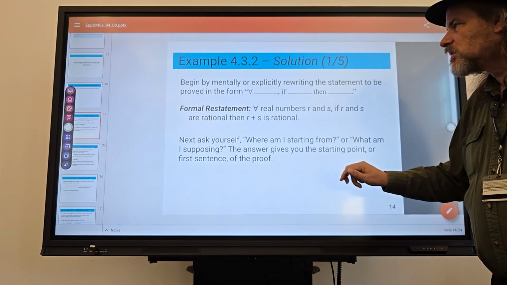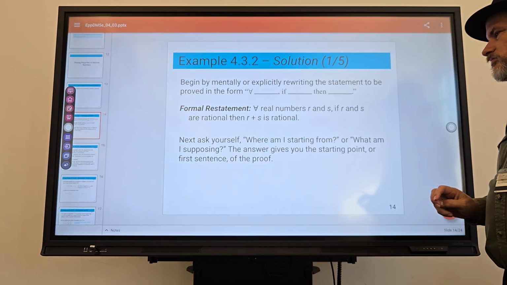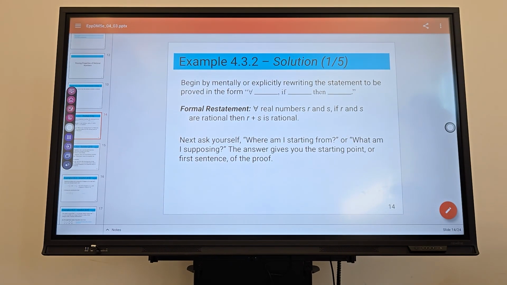Well, write it out as: for all real numbers R and S, if R and S are rational, then R plus S is rational. Where are you starting from? And where are you going?